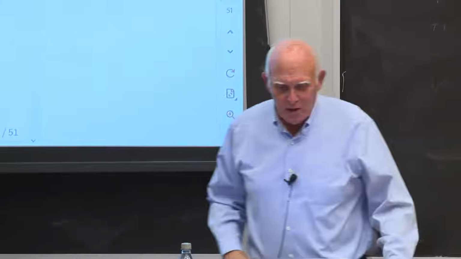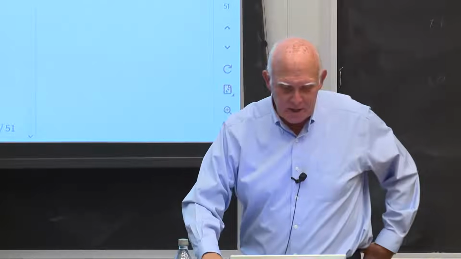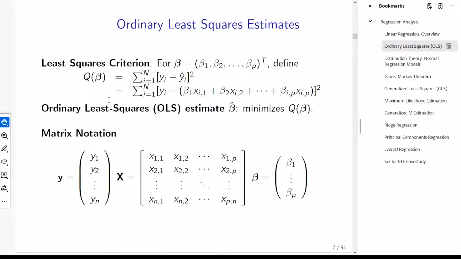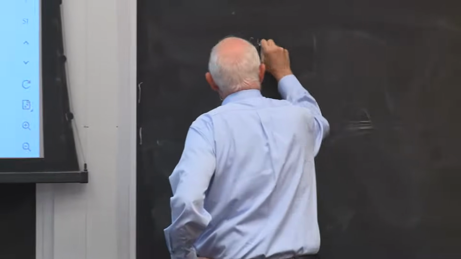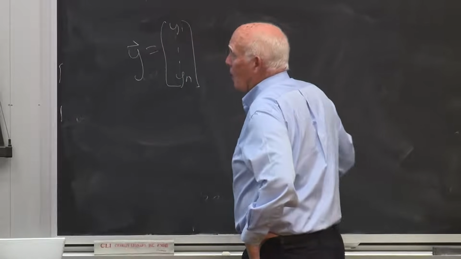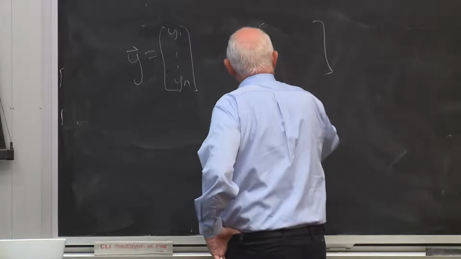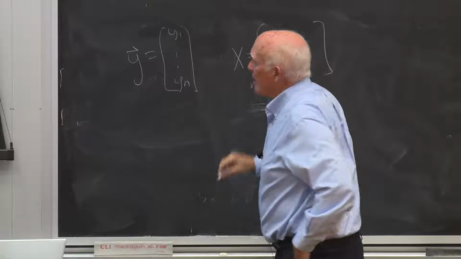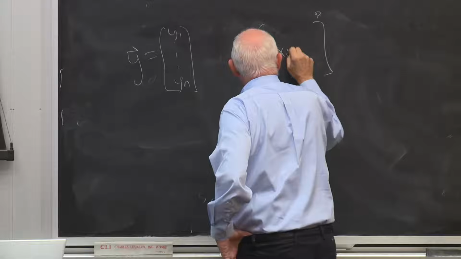With ordinary least squares regression, we have this criterion for specifying regression parameters, and we specify these in terms of a y vector, and this has values of a dependent variable across cases in the data, an X matrix, which will have n rows and p columns, and we'll have general elements xij.